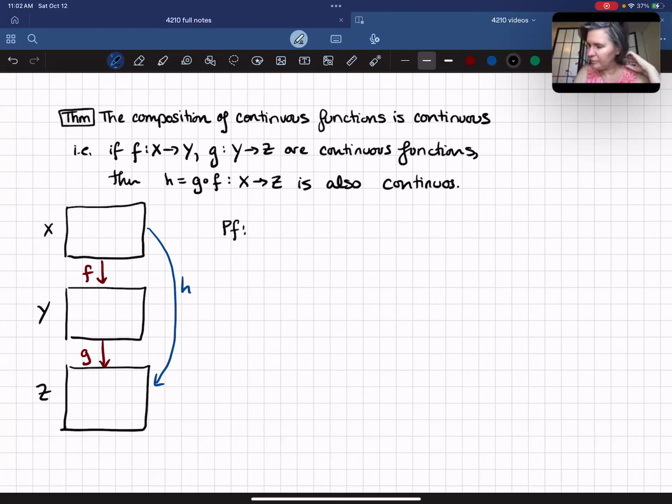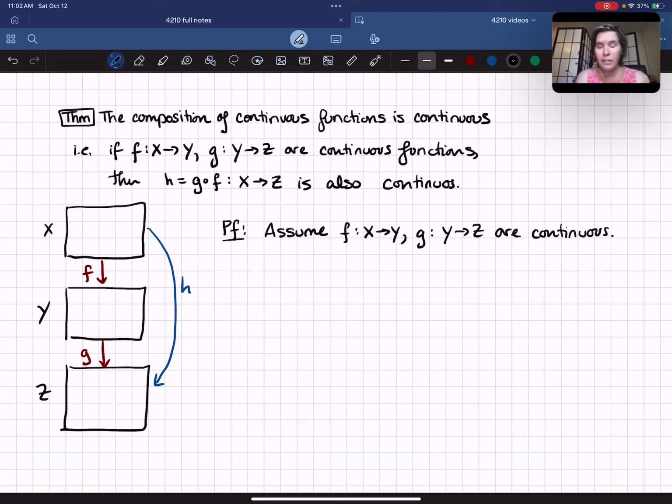Proof. I want to prove that h is continuous. So first, I should write down my hypotheses carefully: assume f from X to Y and g from Y to Z are continuous. Now I want to prove that h is continuous.